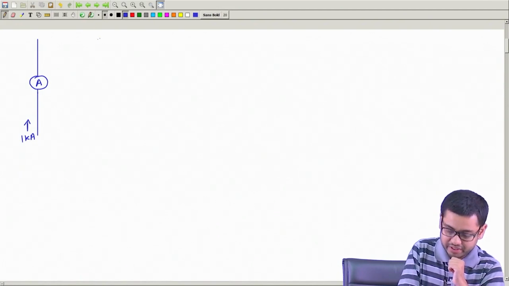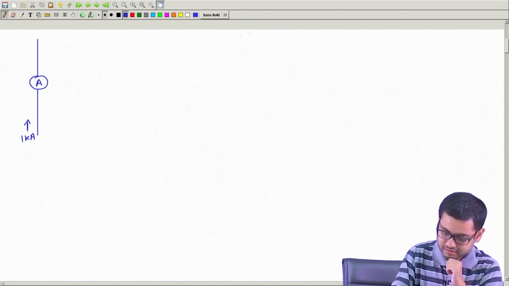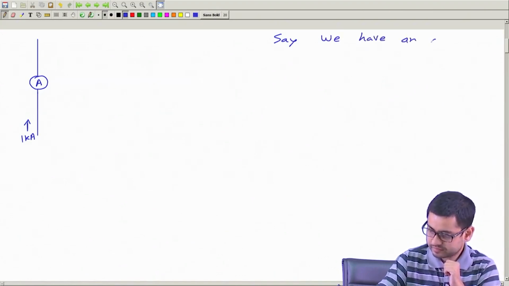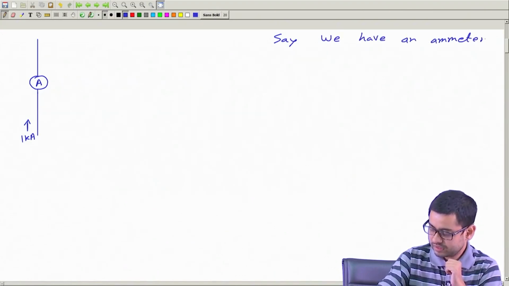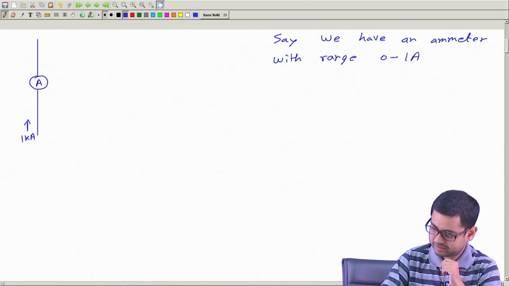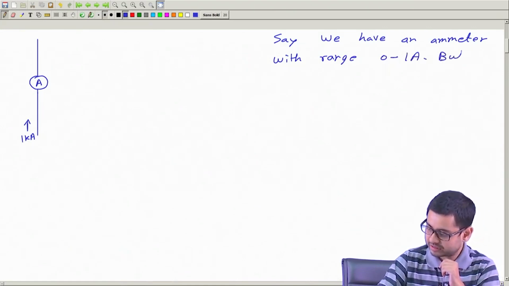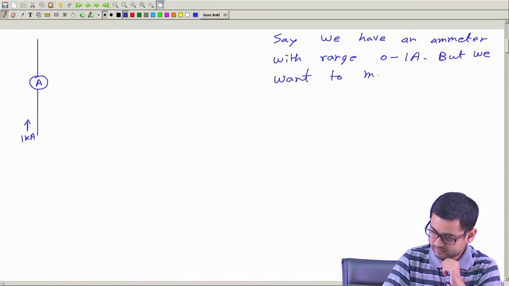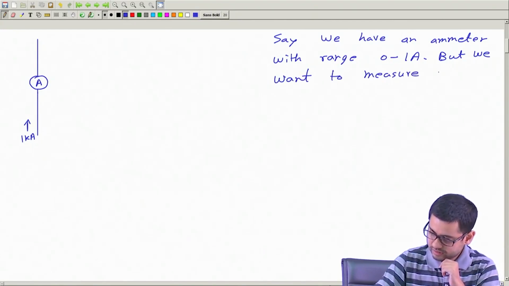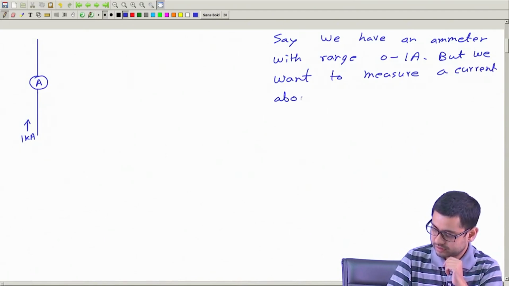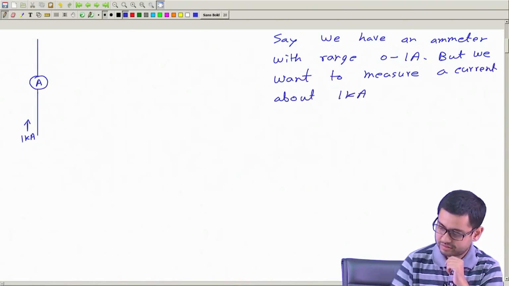Now say I have an ammeter with range 0 to 1 ampere, but we want to measure a current of about 1 kiloampere.